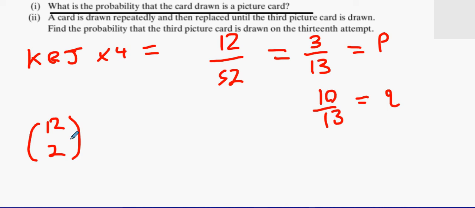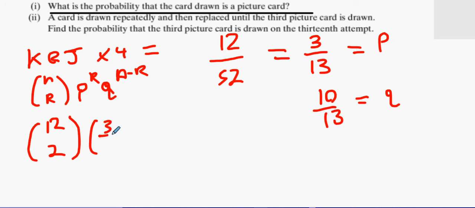So 12, so it's what's it, nCr, p to the power of r, q to the power of n minus r. Alright, so we're going to go for 3 out of 13 to the power of 2. And we're going to go for 10 out of 13 to the power of 10.